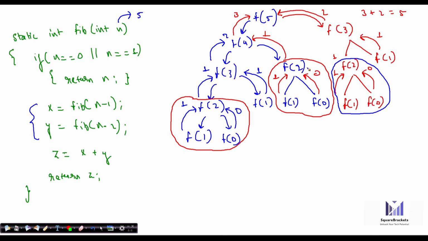Now whenever it sees F2, it is calling it again, and every time we are getting the same result. So why are we calling this again and again? And not even F2, we are calling F3 2 times. This is known as overlapping subproblem. I hope you are able to understand this problem statement.